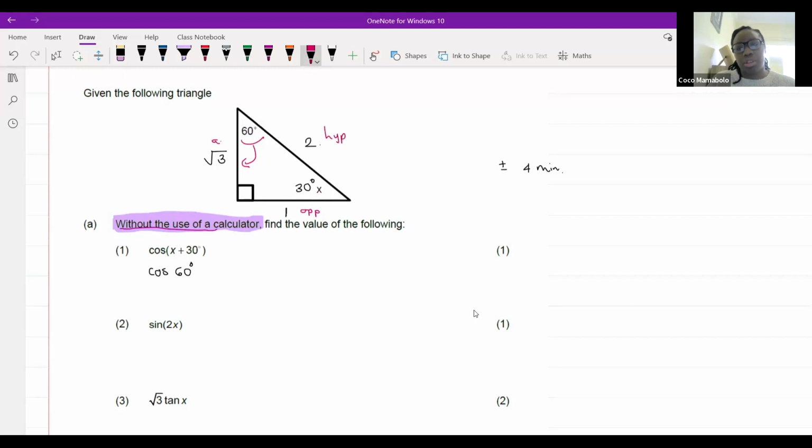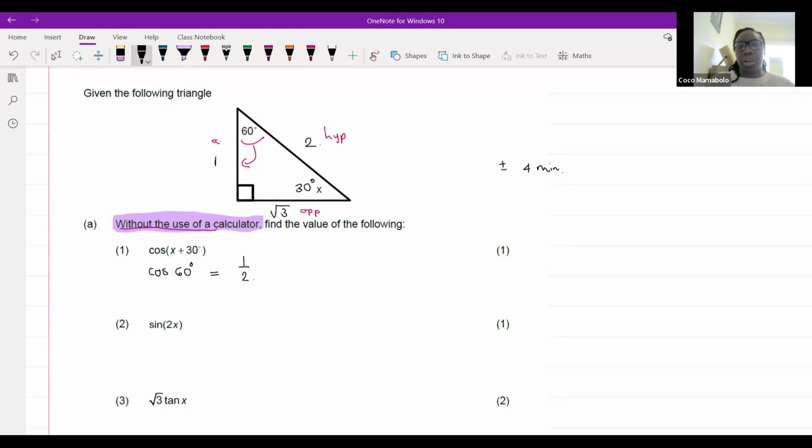Okay, I just want to make sure I'm not lying. Oh, no, I'm lying. It's the other way around. It is. This should be 1, and this should be 1. This should be √3, like that. And that should be the hypotenuse. All right. So cos of 60 is going to equal just 1/2. Just like that. All right.